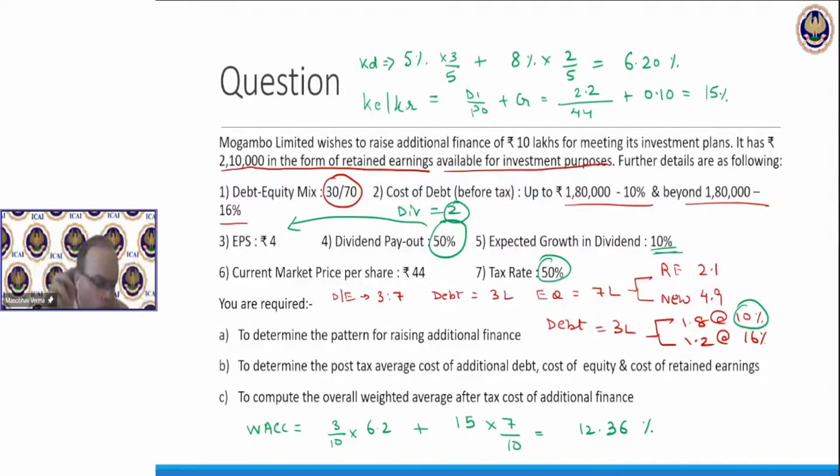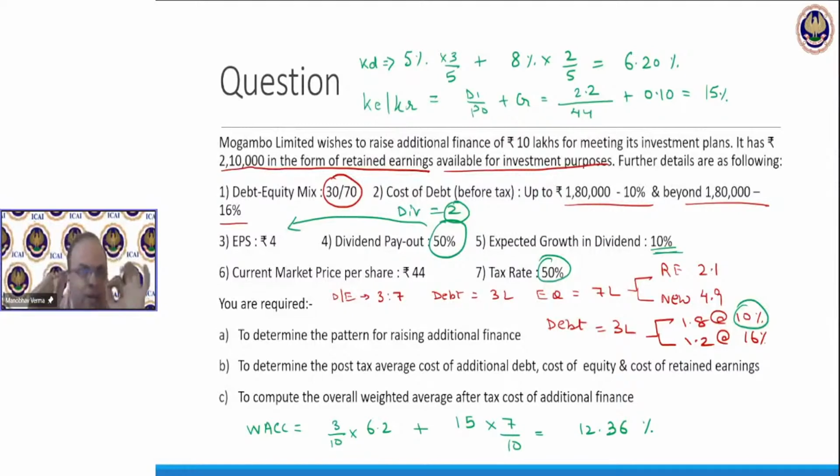First, we need to ensure the debt part, right? So 3 lakhs was divided into two, 1.8 at 10%, 1.2 at 16%. Now that interest is not a cost of debt. Cost of debt is interest net of tax. So 10% into 1 minus t, and then 1.2 at the rate of 16% into 1 minus t, right?